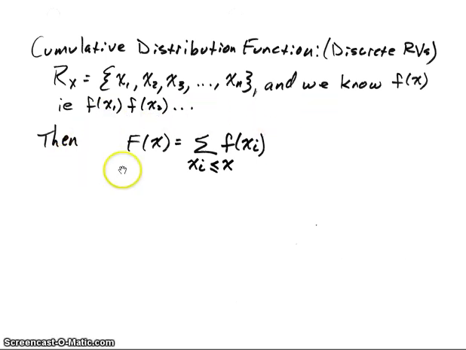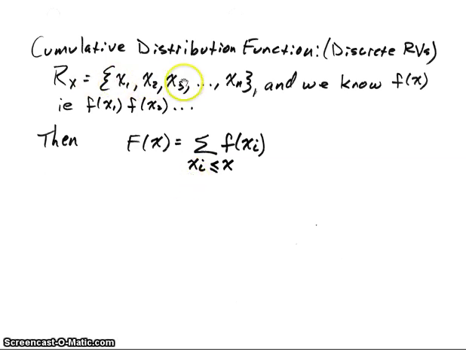Then our cumulative distribution function at any value, let's say some little x, will be equal to the sum of all of the probability distribution values where the value we're looking at, little x, is greater than or equal to the range value x sub i.